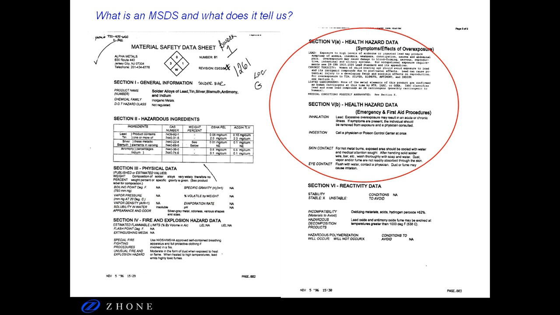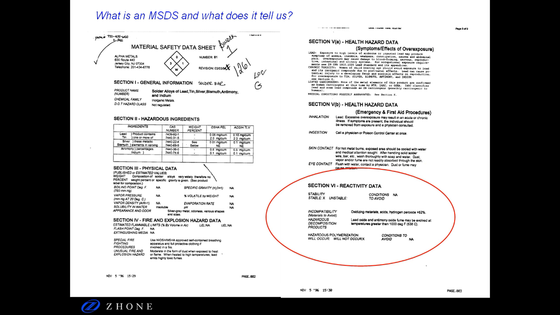Section 5 of the MSDS presents any health hazard data. Here one could find symptoms of exposure and any emergency first aid procedures for overexposure if that occurs. The reactivity data associated with the substance is described in Section 6 of the MSDS. This section details materials to avoid due to incompatibility.